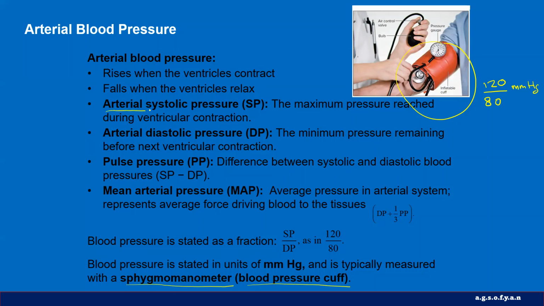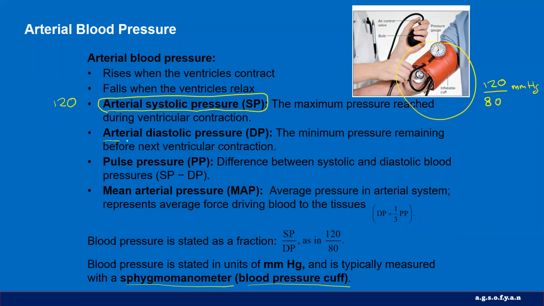Again, the highest pressure, the one you measure, comes from the arterial systolic pressure. This is when the ventricles contract, so it usually gives you a number around 120.